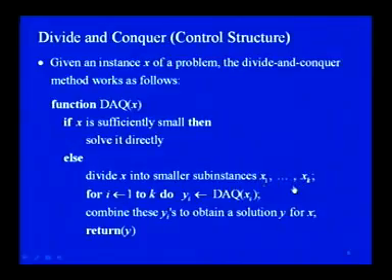So, for each sub problem, that is nothing but for i equal to 1 to k do, I am trying to apply the same divide and conquer approach for all these sub problems. Then I am combining all these solutions to give the final solution of the problem.